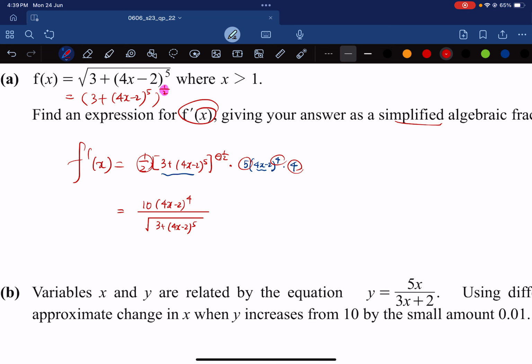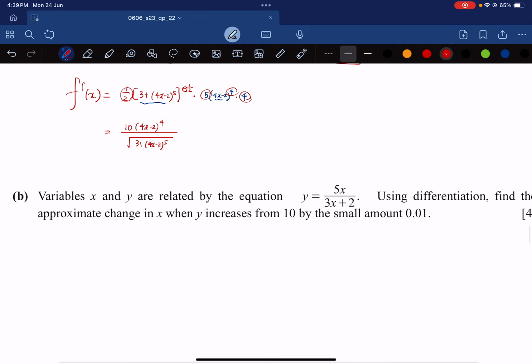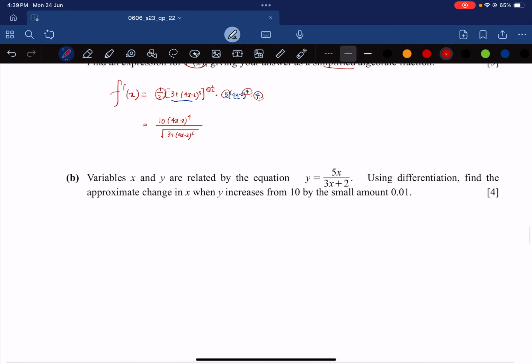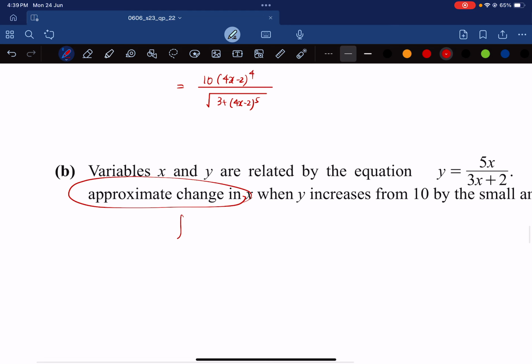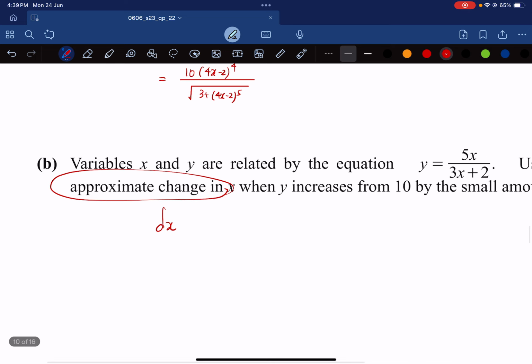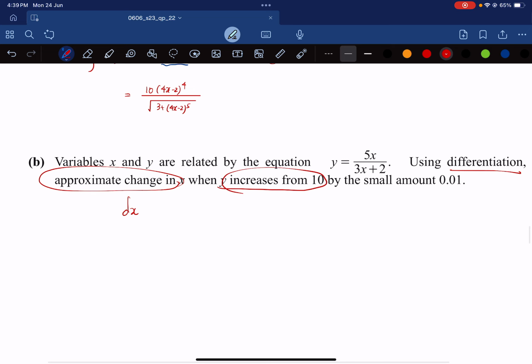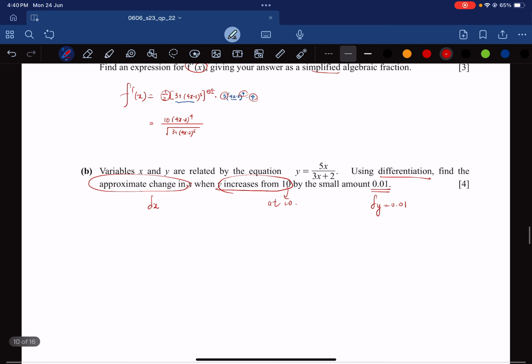Okay, variables x and y are related by the equation. Using differentiation, find the approximate change delta x when delta y is 0.01, at y equals 10. Because dy/dx from differentiation is about instantaneous rate of change.